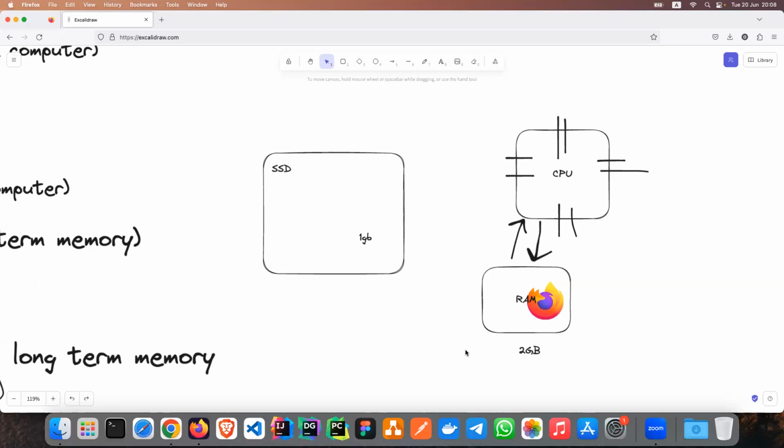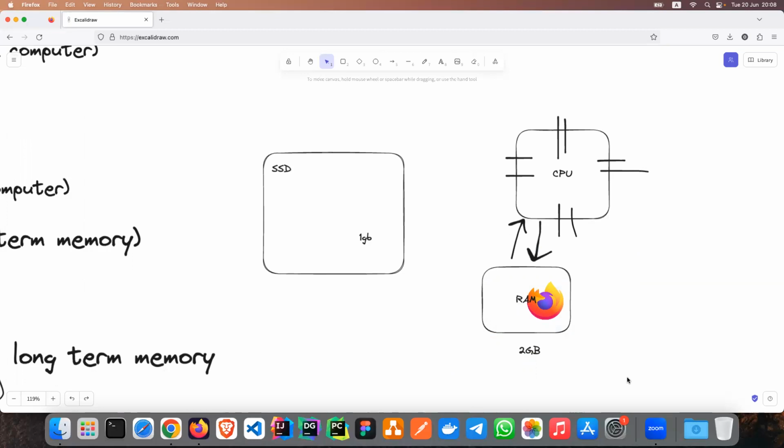I can listen to music, play video, write code, and all of them are programs that take up some space in memory. That's why we have this main memory, this RAM. All currently running programs are stored on RAM.